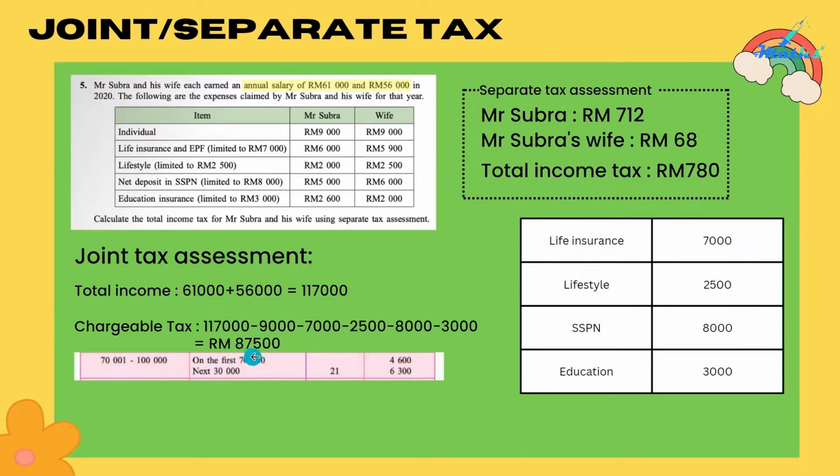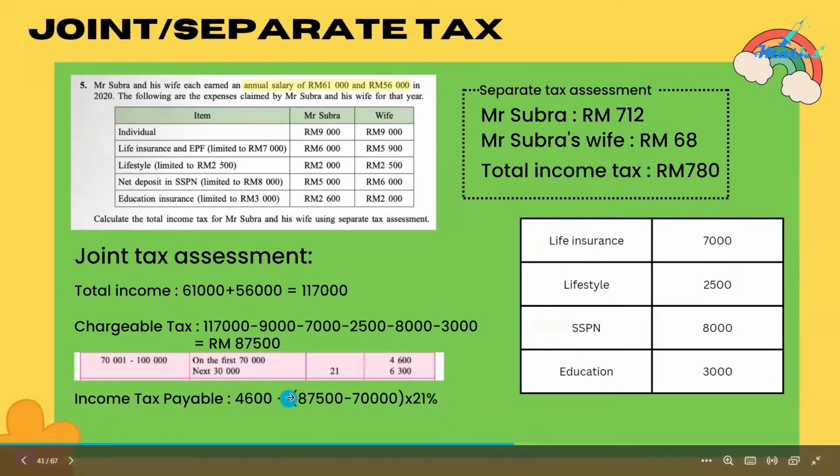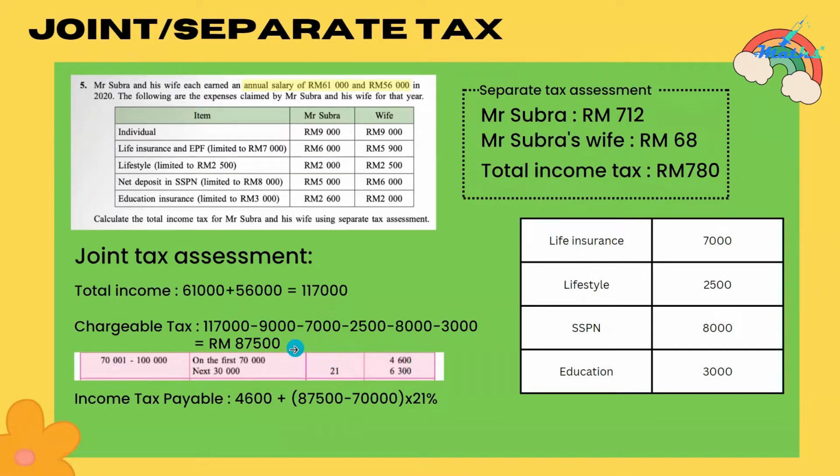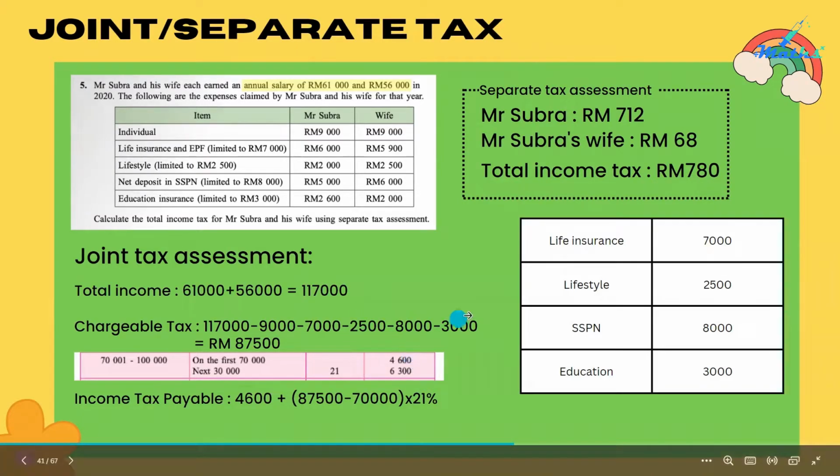And since it is 87,500, we use the 70,000 to 100,000 rate and the tax. Then we can calculate the tax payable. So the income tax payable is 4,060, which is the base, plus the chargeable income minus the first 70,000 and times the rate, which is 21%.